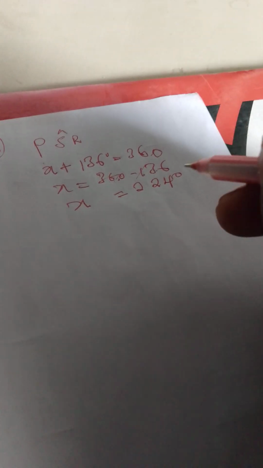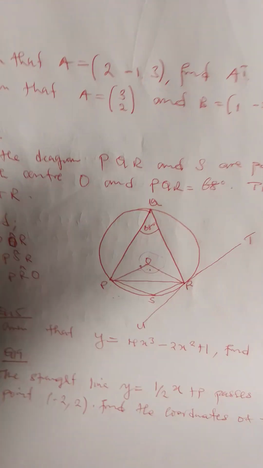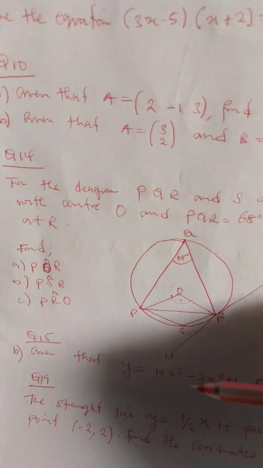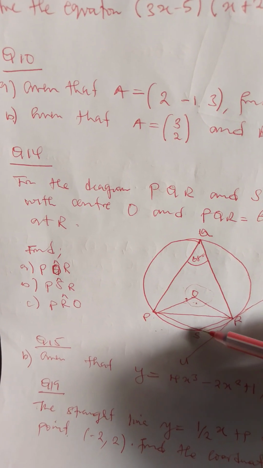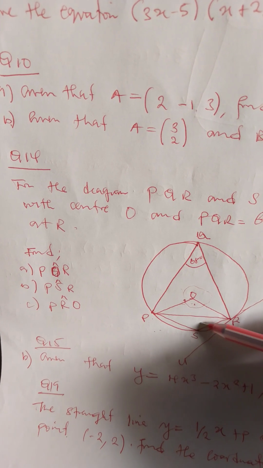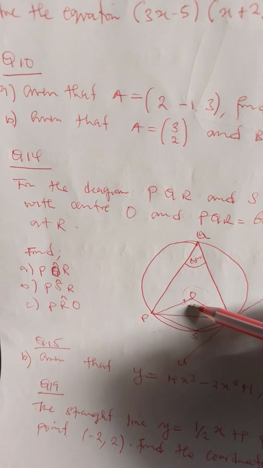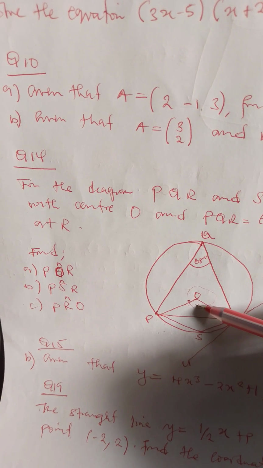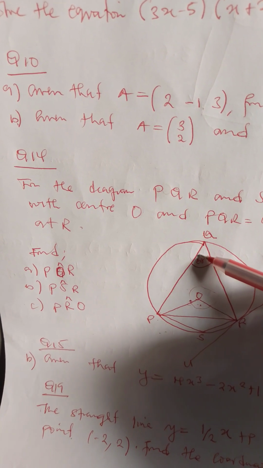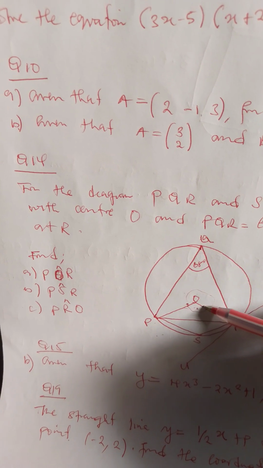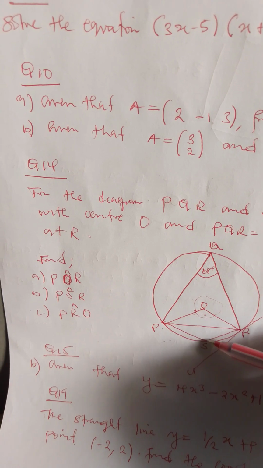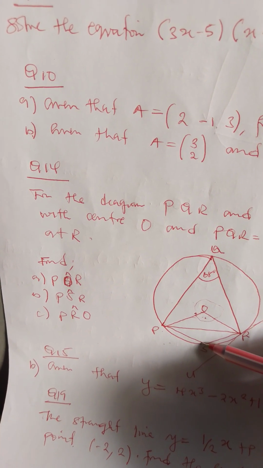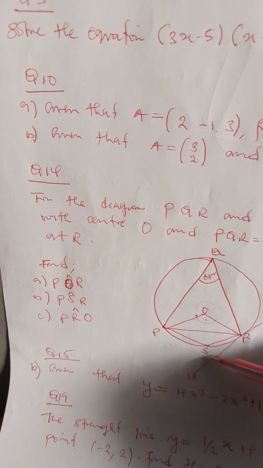It is not our final answer. Applying the same theorem I applied at first, the angle at the center is twice the angle at the circumference. The inner angle at center O is twice the angle at the circumference on top, but the outer angle at center O is twice the angle at the circumference, which is PSR.